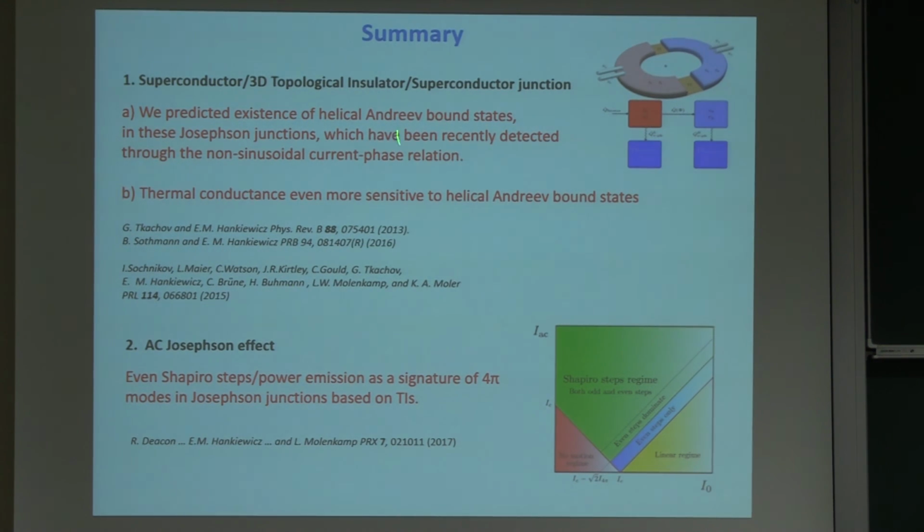So we actually predict this non-sinusoidal current phase relation, which was observed in the experiment in Stanford. And then we think about the thermal conductance as an even more sensitive way of observing helical Andreev bound states. And finally, we looked at the AC Josephson effect to actually understand in which regime the 4π component of the supercurrent is really visible and why it is visible.